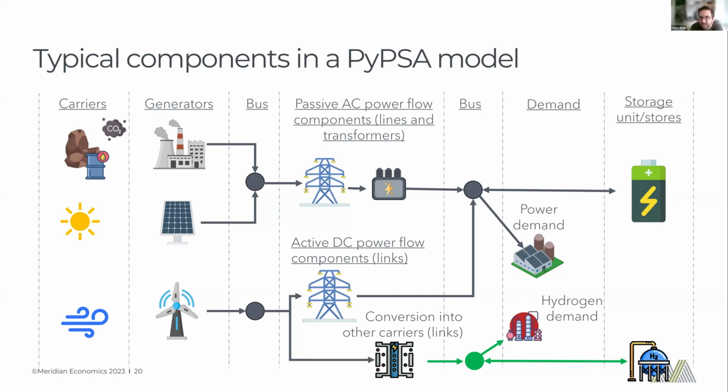A storage unit has all of that built into one, but there are more fundamental units called stores, which are purely the storage component, and typically you would use those with links. You have a link that converts the energy into the storage medium, the storage medium as a store, and then a link that converts that stored energy back to your primary medium again.